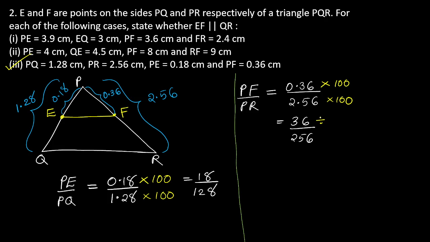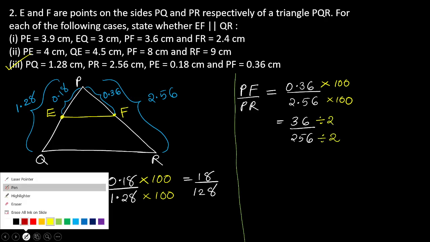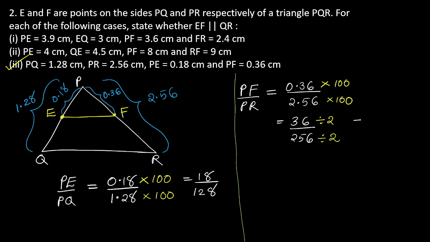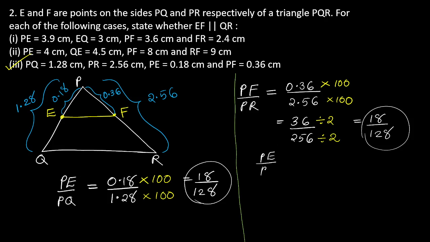Let me divide numerator and denominator by 2. 36 by 2 will be 18. 256 by 2 will be 128. The left side ratio and the right side ratio are now equal. That is PE by PQ equal to PF by PR. Hence EF is parallel to QR.